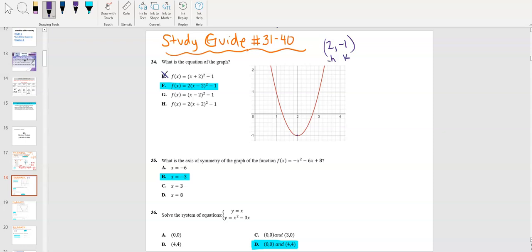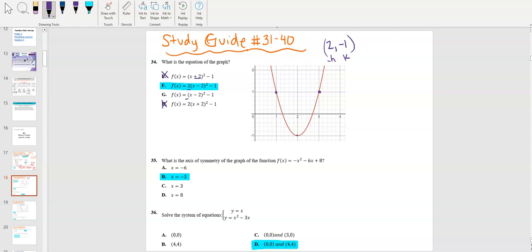So I know it cannot be E and I know it cannot be H because these are positive 2's, and in vertex form, I need it to say minus 2. Now I need to decide, is there an a value or is there no a value? So what I'm going to do is take a look at the 2 values here that I can see easily that are on coordinates, and plug them into the equations and see which one works.